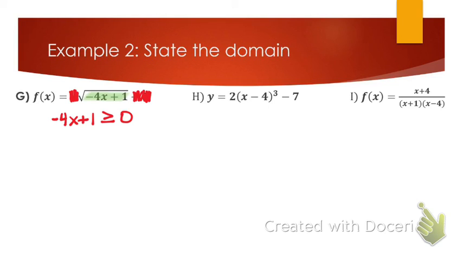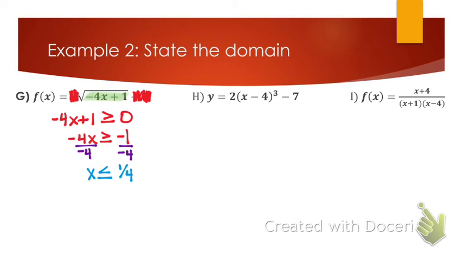So the first step would be to subtract the 1. And now I have to divide by a negative, and when I divide by a negative, what do we do? Flip the sign. So I'm dividing by a negative 4. So it's going to become x is less than or equal to positive 1/4. So how would I write that in interval notation?